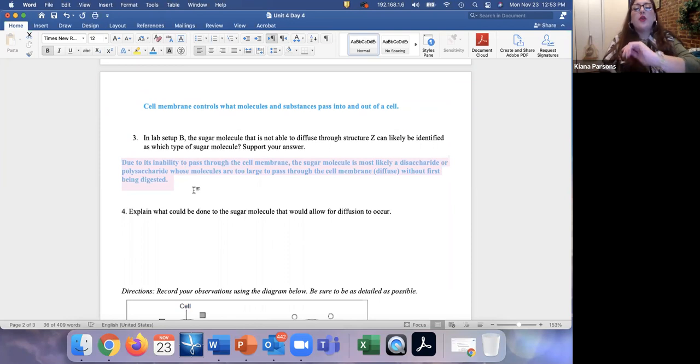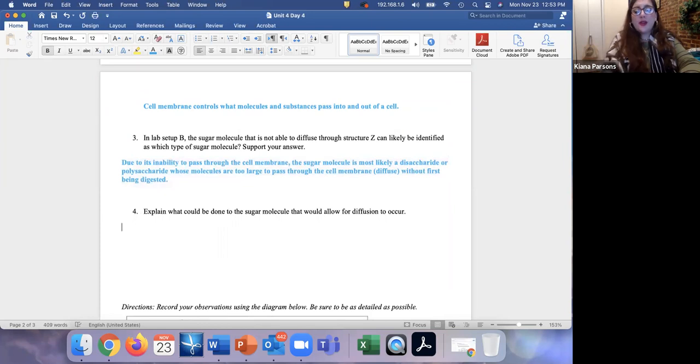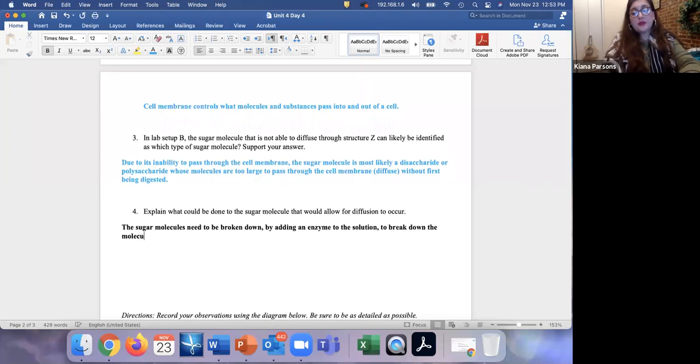Explain what could be done to the sugar molecule that would allow for diffusion to occur. So we need to break it down, right? How do we do that? By adding an enzyme to the solution, by heating the solution, or adding a pH solution, or manually stirring the mixture.